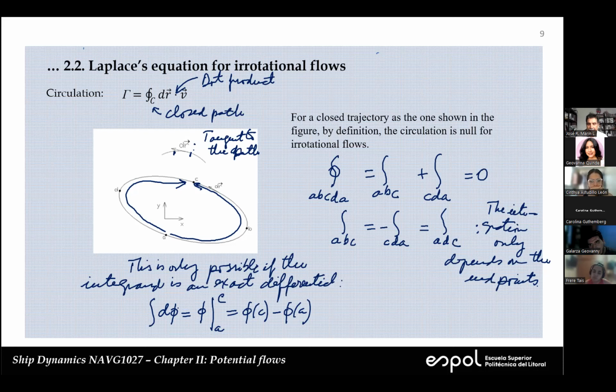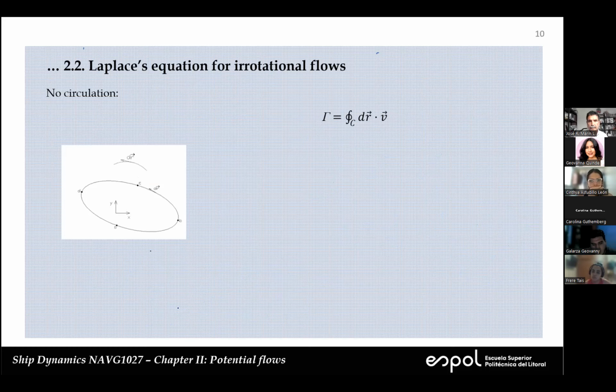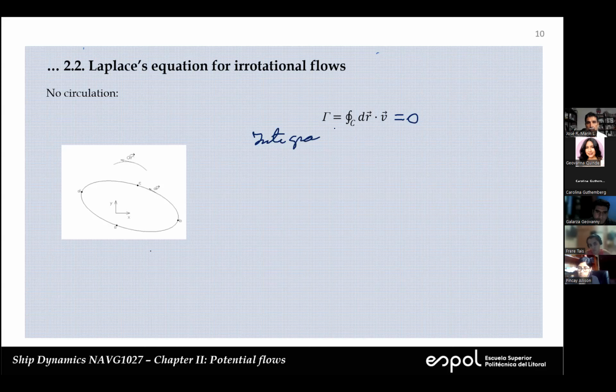And through that, let's see what is the conclusion. So this is the integrand, and we're assuming that there is no circulation. So this is going to be equal to 0. So the integrand is going to be dr dot velocity, and then we are saying that it has to be equal to an exact differential.